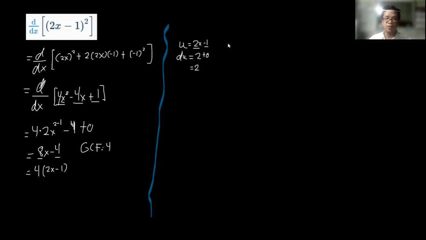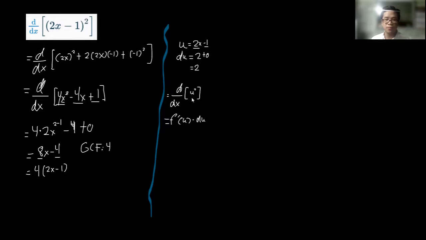So the formula, again, to get the derivative, wait, before we begin. Since u is equal to 2x minus 1, you have u squared. Now what we're going to do here is find the derivative of it. By getting the derivative, remember the formula of f prime of u times du.